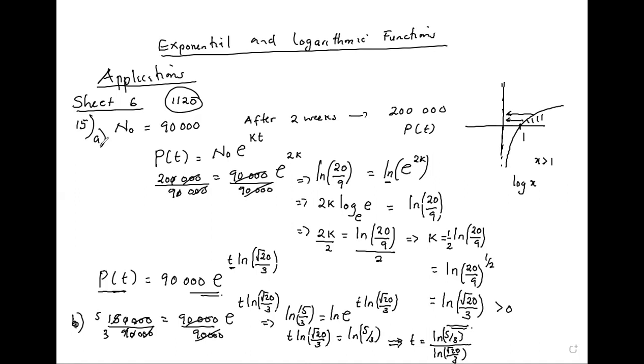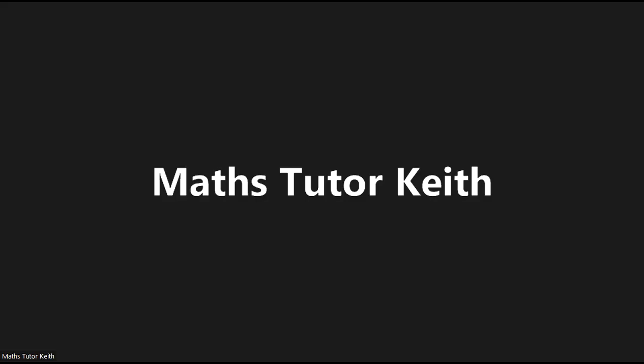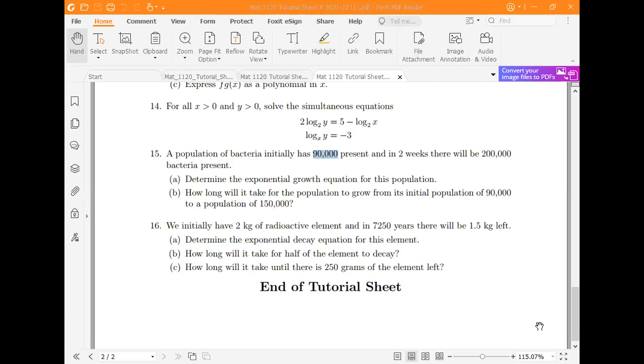Okay, so now I go to question 16. I think that's one that is more interesting. Question 16 says, we initially have 2 kgs of radioactive element, and in 7,250 years there will be 1.5 kg left.